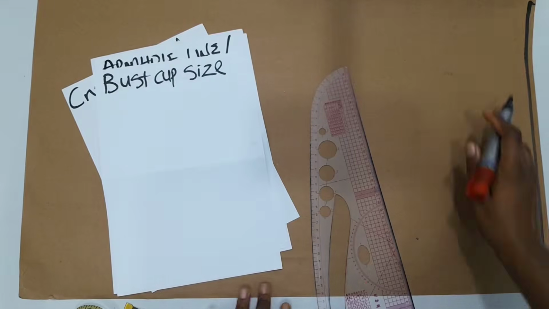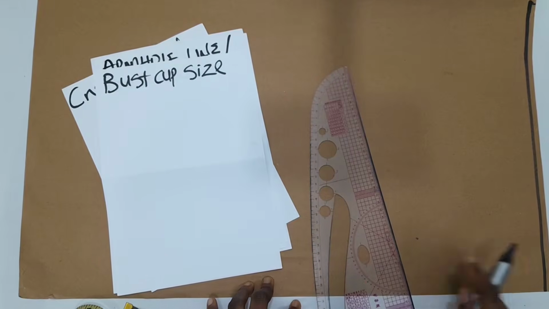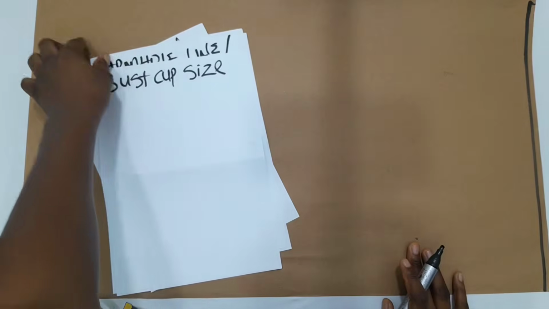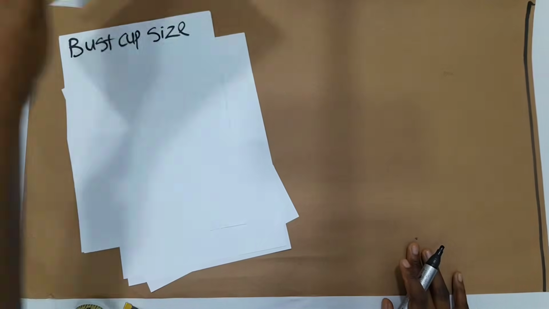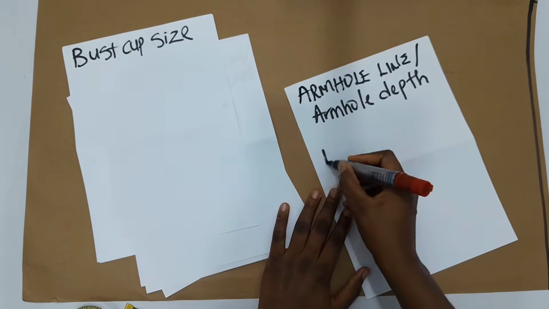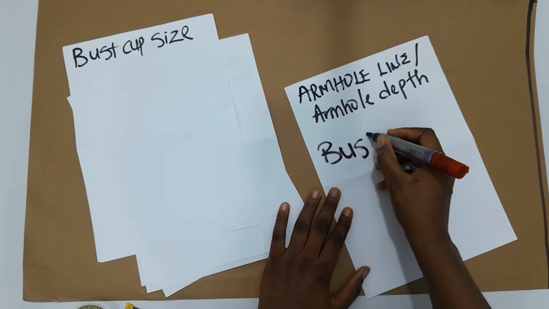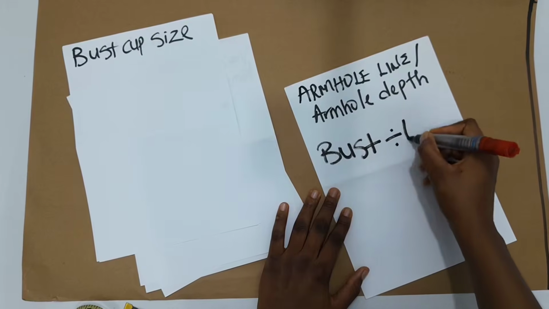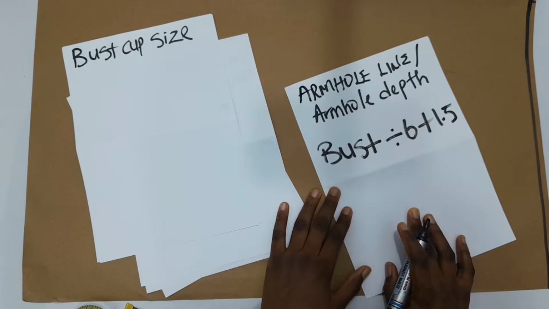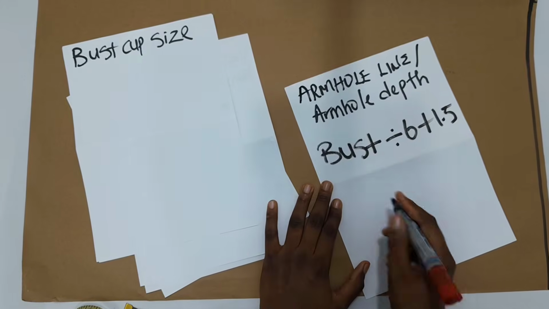So first of all, on this straight line, this is my shoulder line. Next you want to get your armhole line. The formula for getting your armhole line or armhole depth is your bust measurement divided by 6 plus 1.5 inches. All right, so guys, my bust measurement is 37.